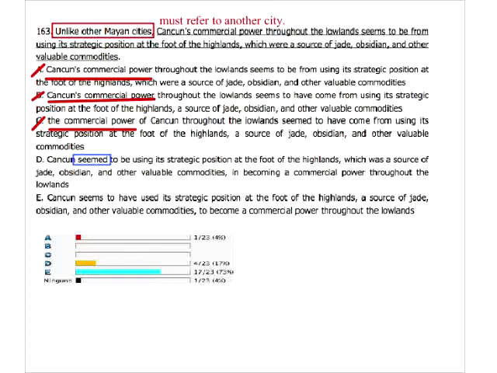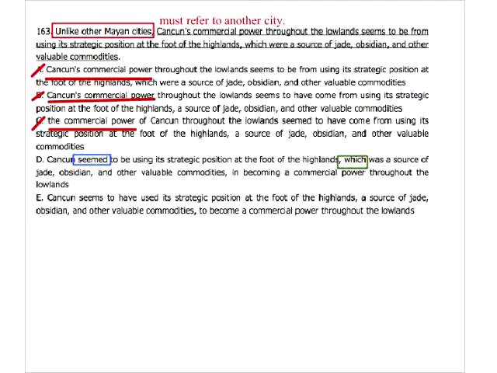The first is this, and then let's also look at which. The first one is seemed. Seemed is not realistic. What the meaning of the sentence is, this is the way that it seems now.